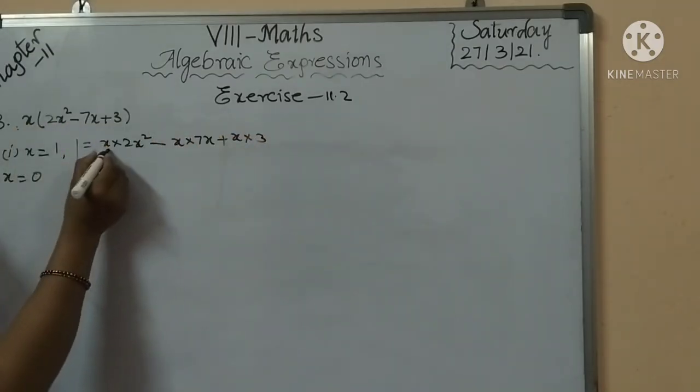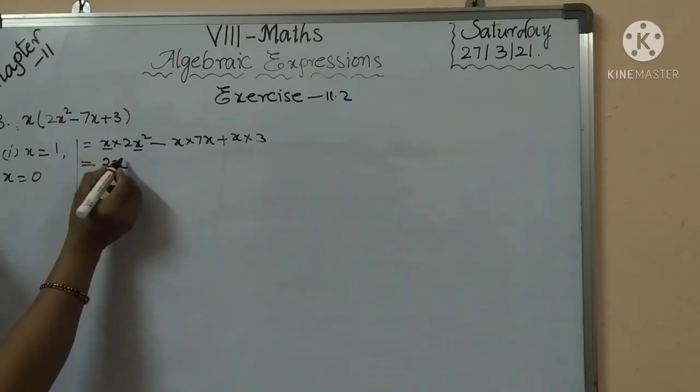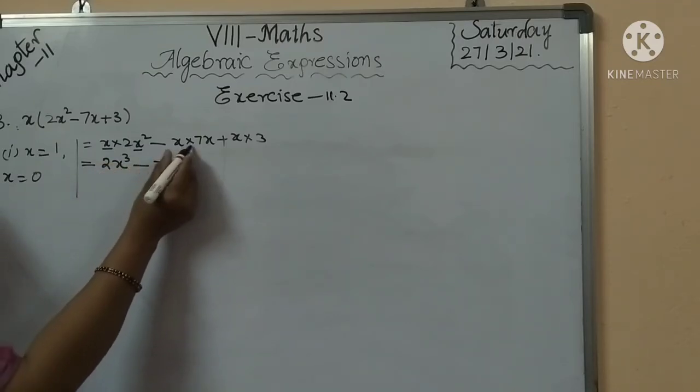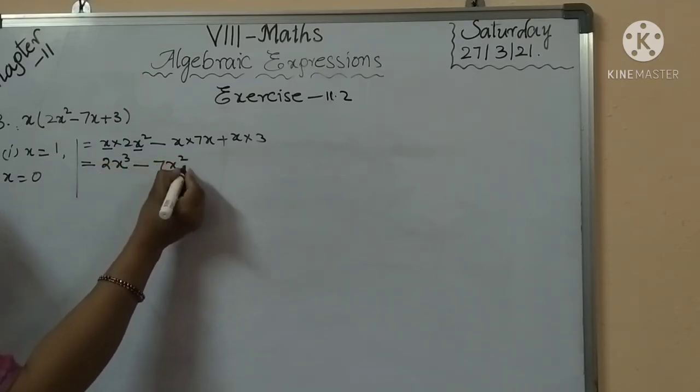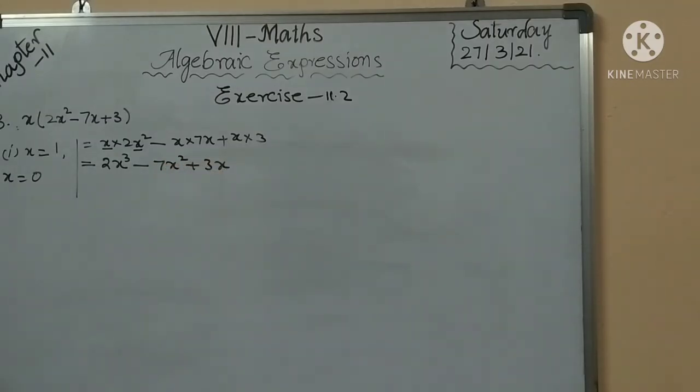Here 2 ones are 2, bases are same, then exponents are adding. So 2x cube minus 7x square plus 3x. First the product of the monomial and trinomial.